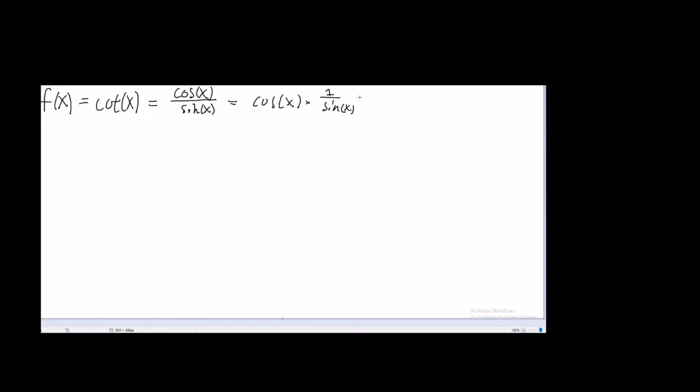And again, due to the negative exponent rule, this is the same as cosine of x multiplied by sine of x to the negative 1 power.